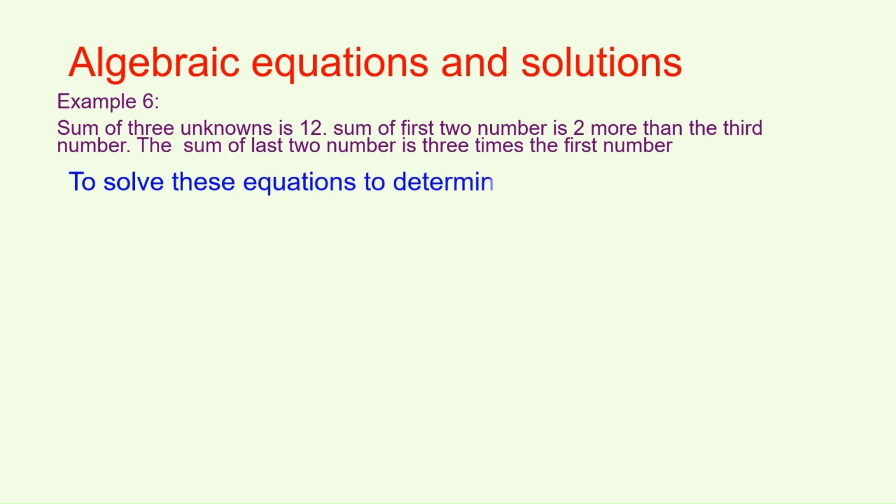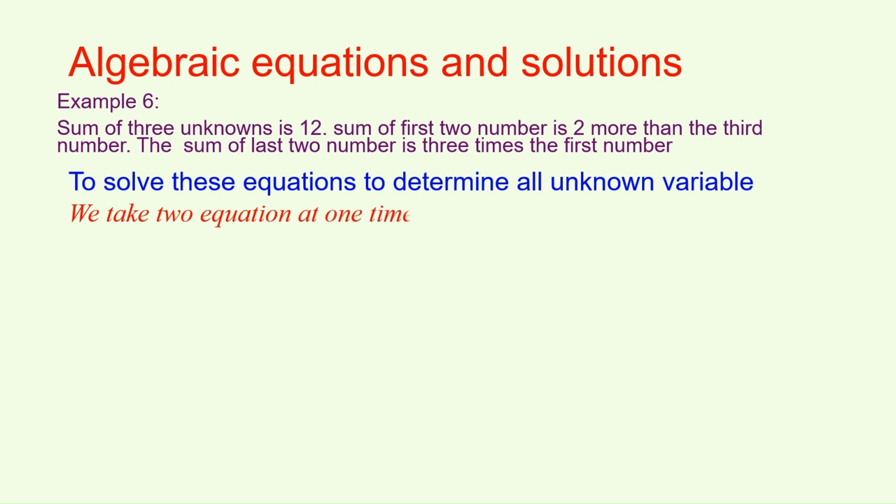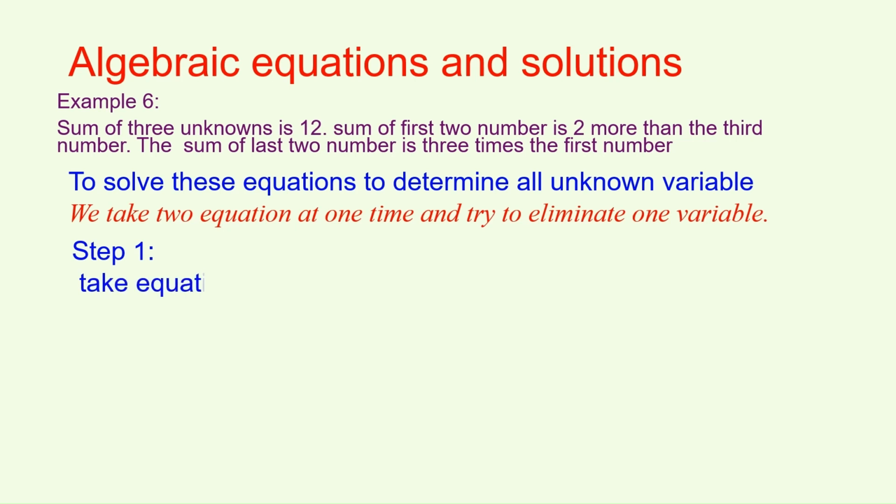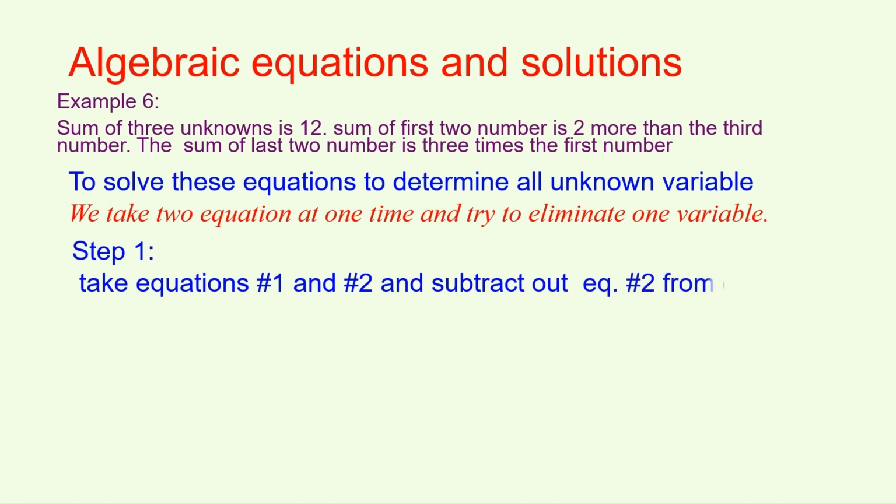To solve these equations and determine all the unknown variables, we take 2 equations at a time and try to eliminate one variable. Step 1. Take equation number 1 and equation number 2, and subtract equation number 2 from equation number 1.